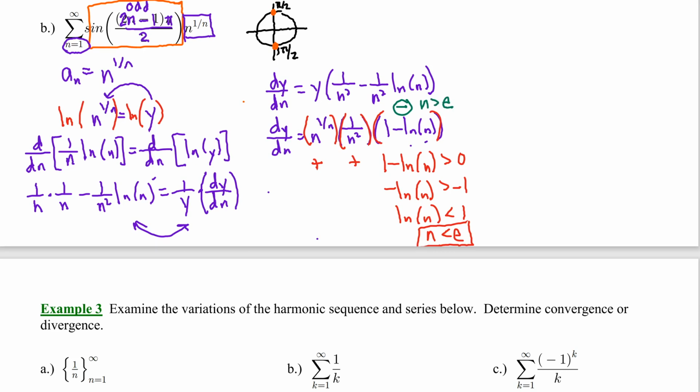So beyond a specific subscript value, beyond a specific position in the sequence, the derivative is going to be negative. If your derivative is negative, the function is decreasing.